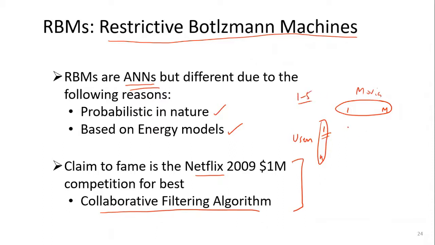User 1 may give a rating of 5 to movie 1, to movie 2 a rating of 1, to movie 3 a rating of 3, and so on. Similarly, other users can give different ratings. So maybe user 4 or user N can give a rating of 1 over here, a rating of 3, a rating of 2, and so on. Okay, so Netflix has all of these.